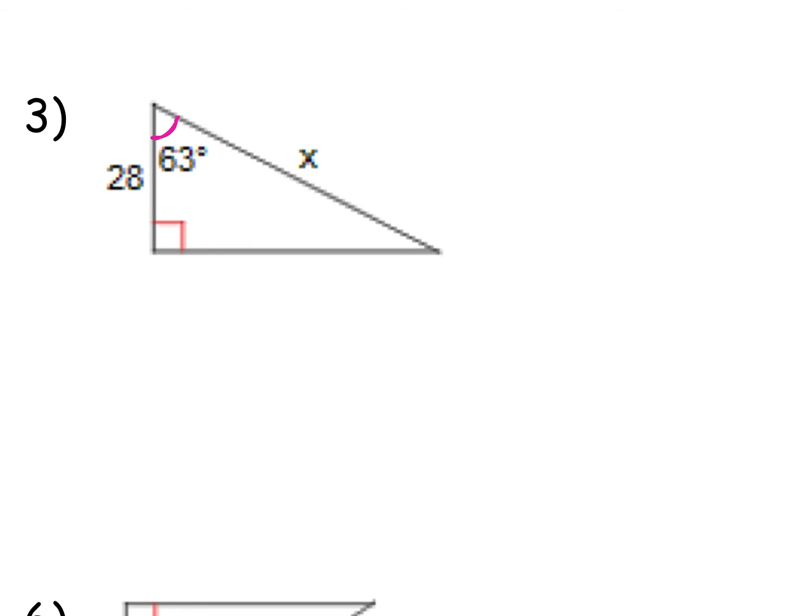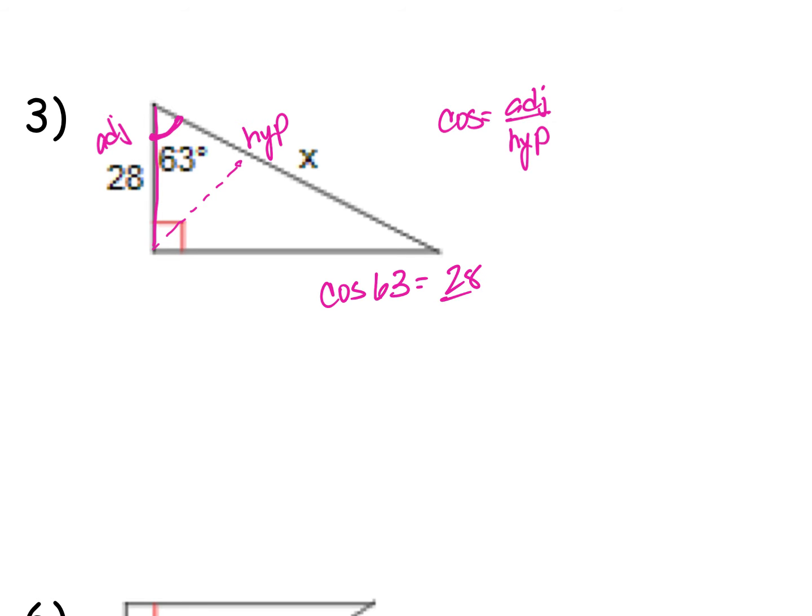Okay, so I'm going to go to number 3. I'm going to find my angle. I'm going to find my hypotenuse. So I'm using my hypotenuse, which means either sine or cosine. And then this side is adjacent. Adjacent and hypotenuse is what? Cosine. Cosine, good. So cosine equals adjacent over hypotenuse. So I have cosine of 63 equals 28 over x.